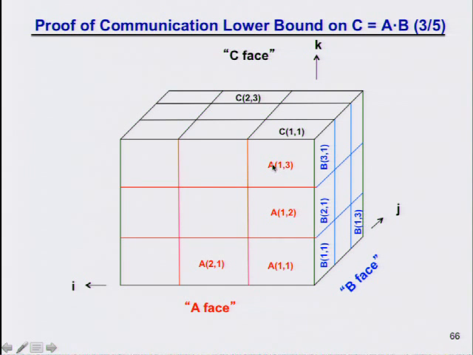I need to have that entry of A, that entry of B, and that entry of C. In order to multiply A21 times B13 and add it to C23, which is the cube sort of in the bottom and the back, I need that face, and that face. So what I need to do is say, if I'm only allowed to have certain numbers of entries of A, that'll limit how many squares I can have there. If I'm only allowed to have a certain number of entries of B, and a certain number of entries of C, how many multiplies can I do?